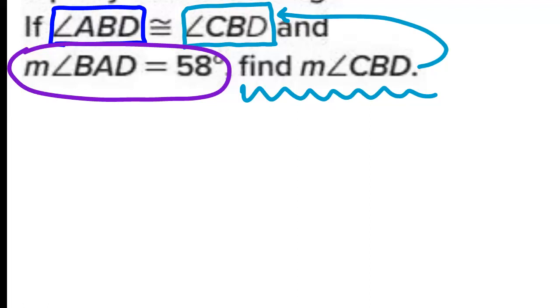How can I find angle CBD? What could I do to find angle CBD, sorry, I messed it up. Yes. We're going to use our triangle sum theorem.